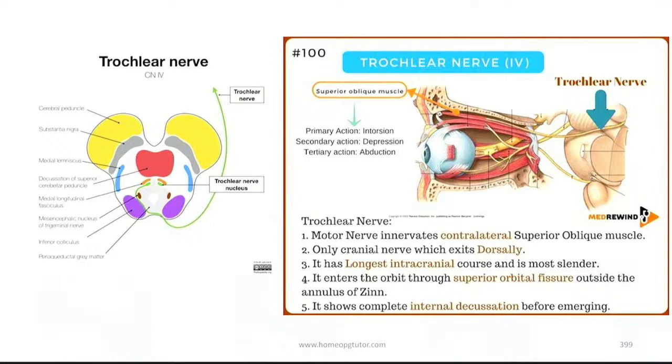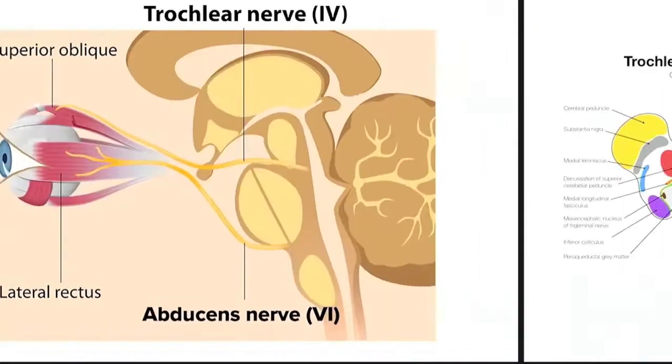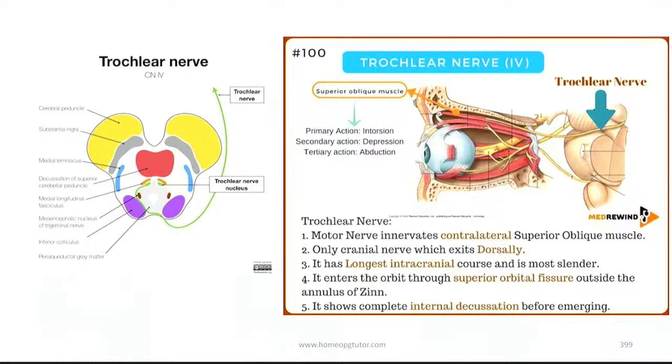Next important thing you need to remember is about the course. It moves along the lateral wall of the cavernous sinus. Okay, the oculomotor nerve, the abducens nerve, and majorly the ophthalmic and maxillary branches of the trigeminal nerve, all those nerves travel along the lateral wall of the cavernous sinus.